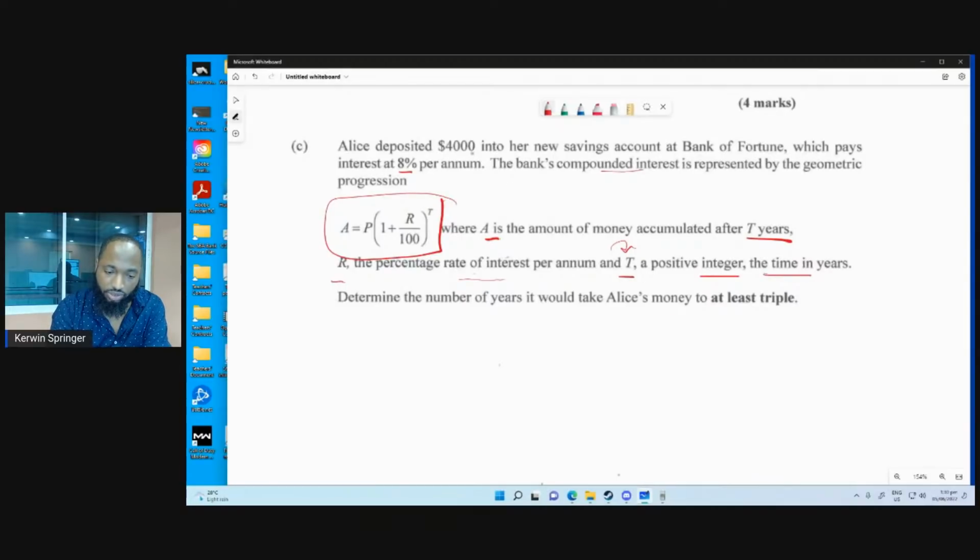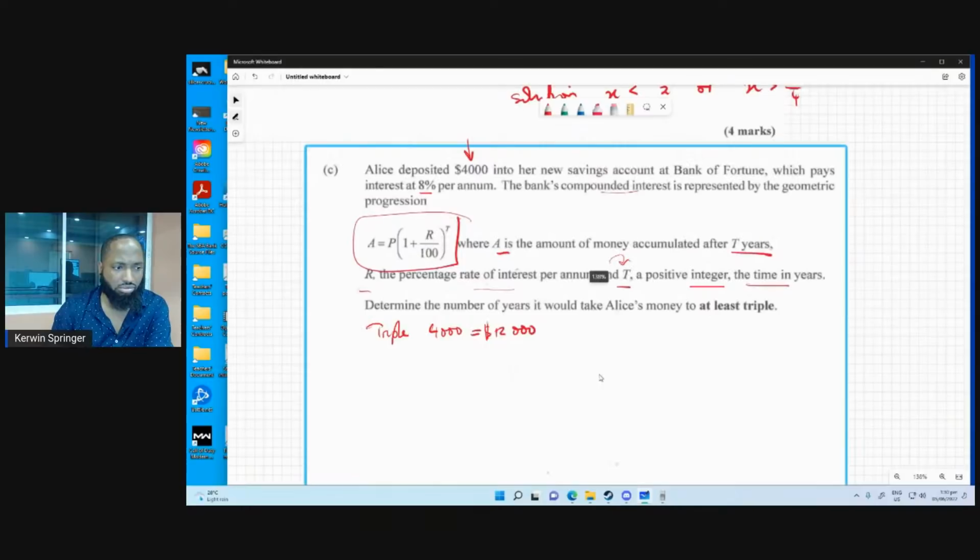So triple would mean triple 4,000, which is equal to 12,000. Tough piece of maths we get today. So we want the amount of time for the amount to reach 12,000.